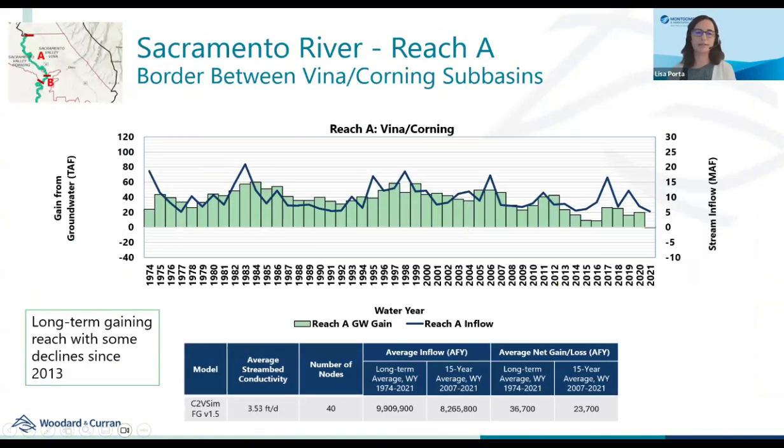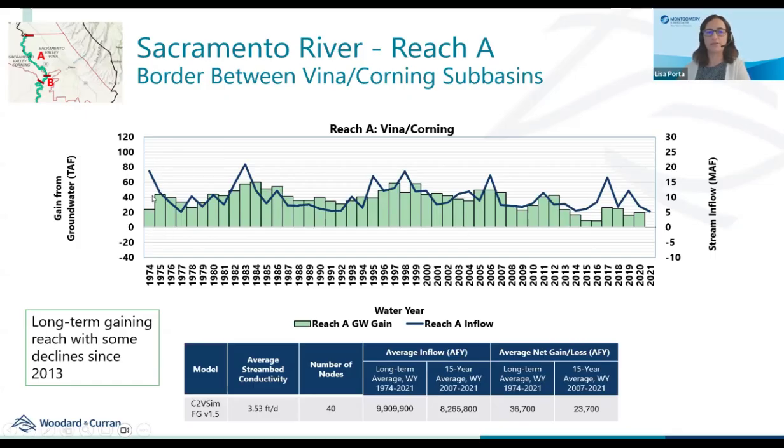Okay, so again, this is net flows in the subbasin for the stream aquifer interaction. Between the border of Vina and Corning subbasins, the line shows the inflow of the river. So imagine at that point where the river enters reach A, this is the flow of the river.